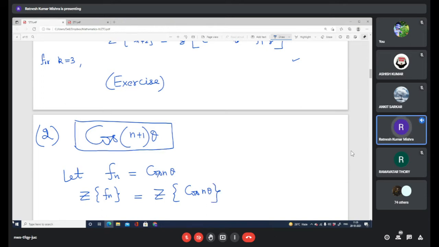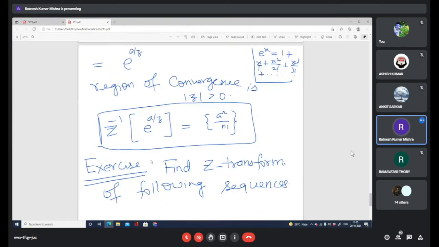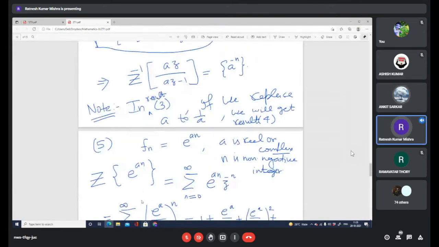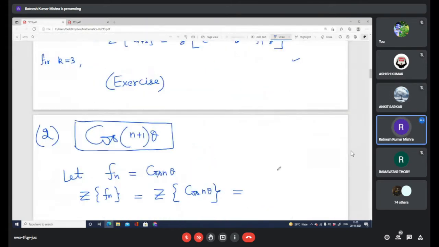We have found this earlier. It is z into (z minus cos theta) by (z square minus 2z cos theta plus 1).